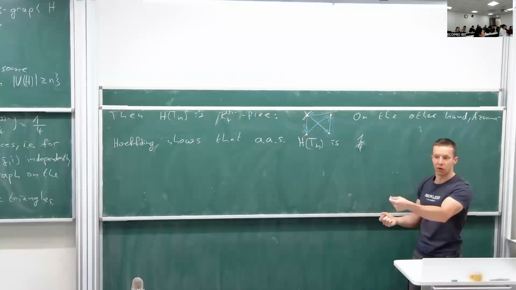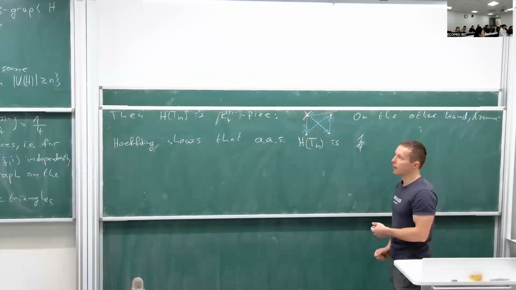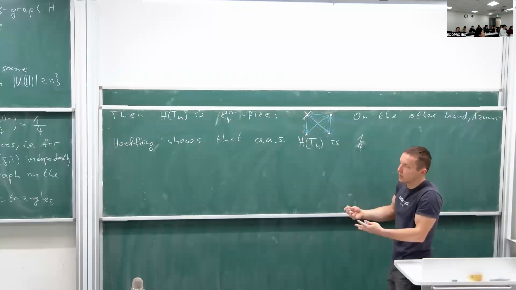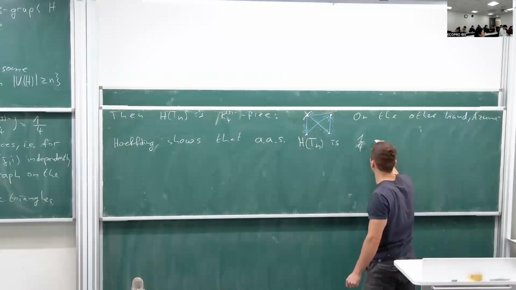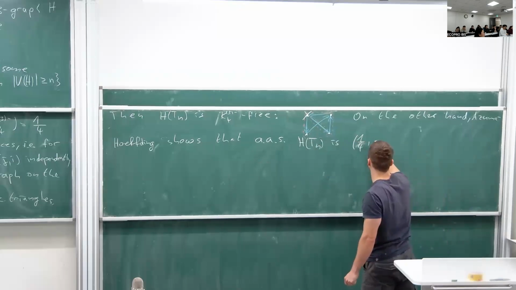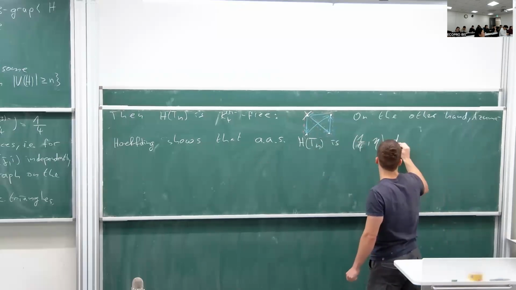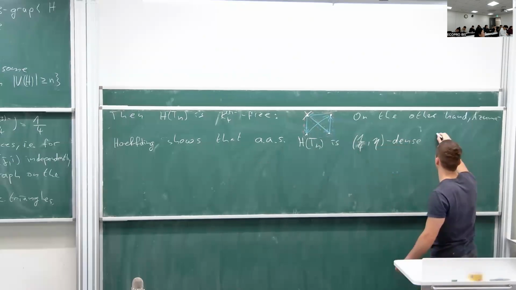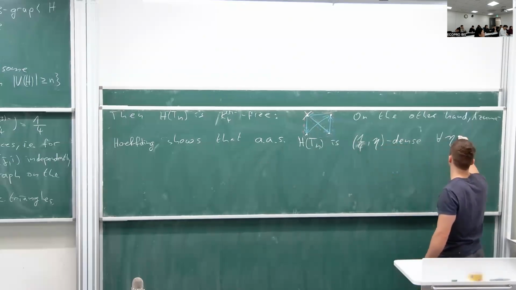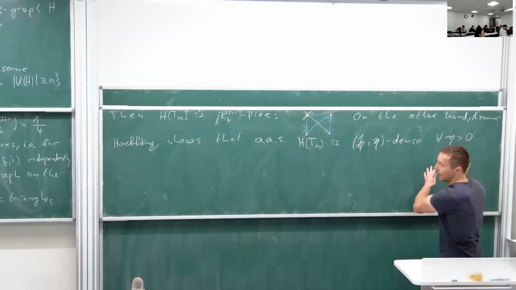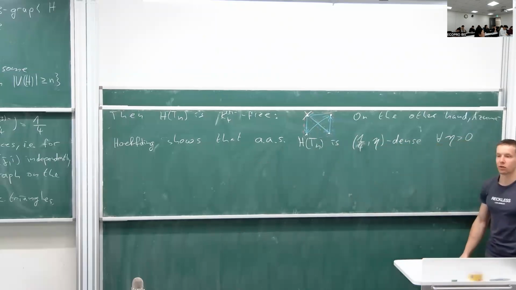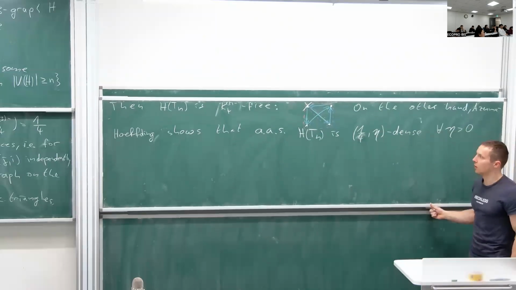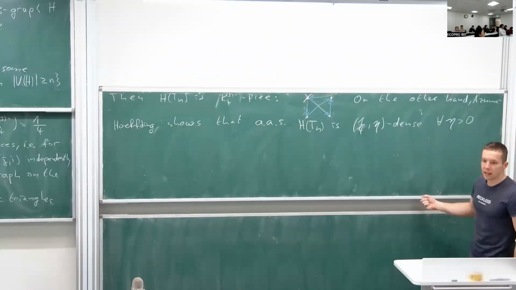So we have 1/4 of edges that we would expect. So what we get is that we are (1/4 − η)-dense. But this is for every η. So for every η, as n goes large, we're asymptotically almost surely (1/4 − η)-dense.